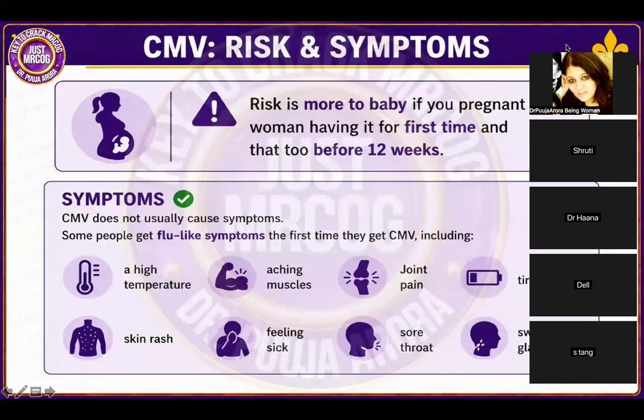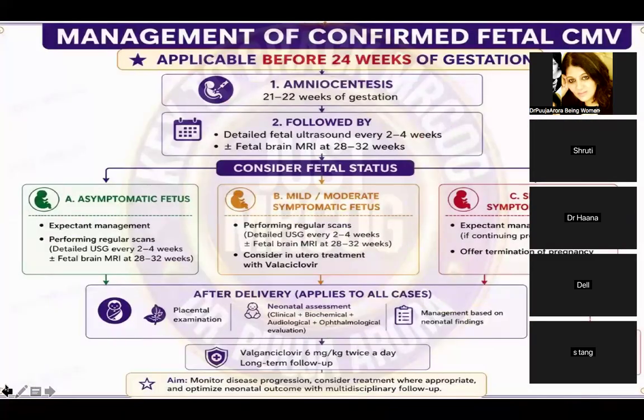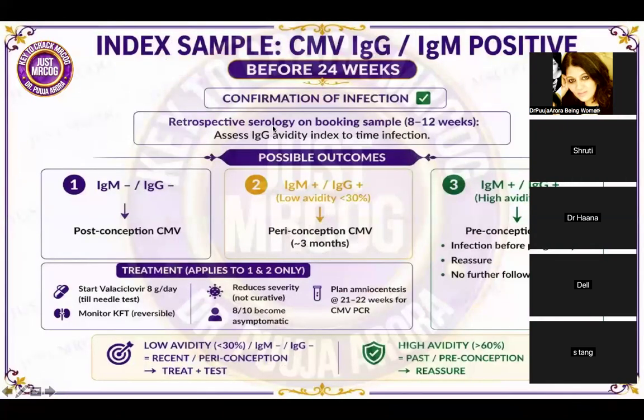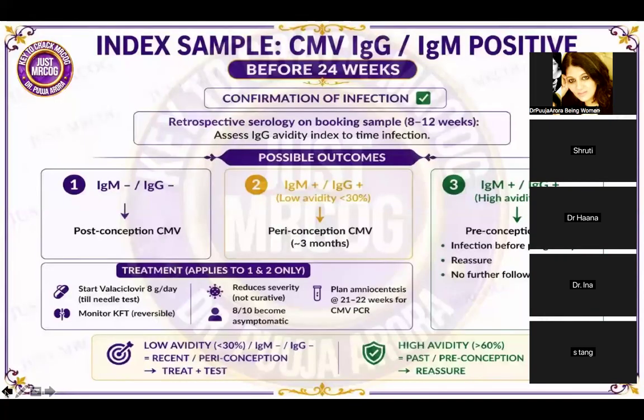If you are not able to understand that now we have to offer booking blood tests, and you just take a decision on the basis of the index sample that IgG, IgM is positive, and you move forward with this, this is affecting your patient safety because you are not having the right approach.